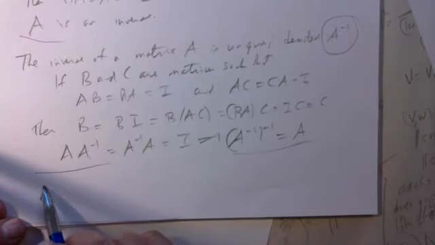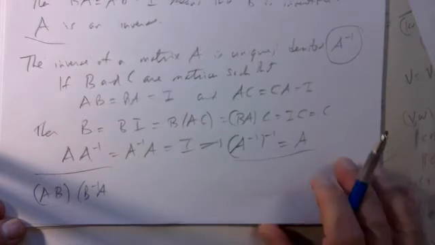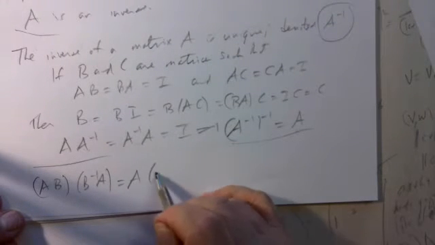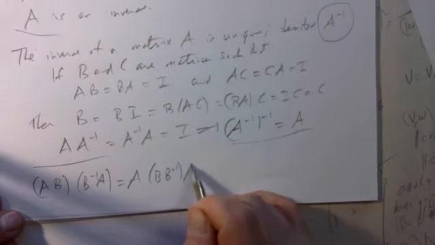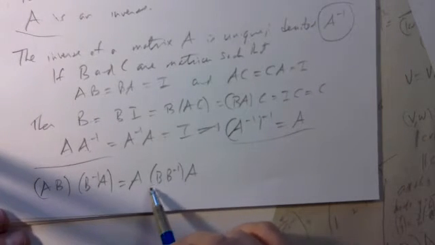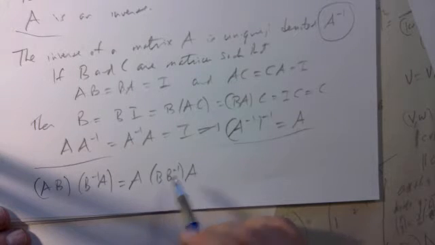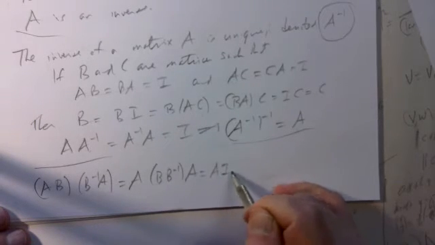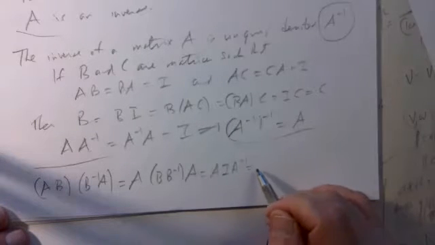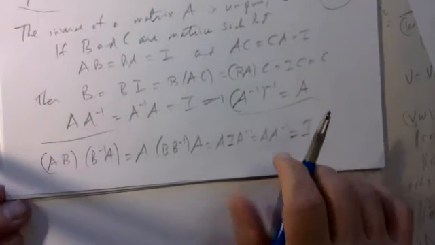And suppose I take AB and I multiply it by B inverse A inverse. By associativity, this is the same as A times B B inverse times A inverse. I haven't changed the order, I've just changed the steps by which I'm multiplying this. But BB inverse is the identity, and the identity times anything doesn't change the anything. So this is AA inverse equals the identity.